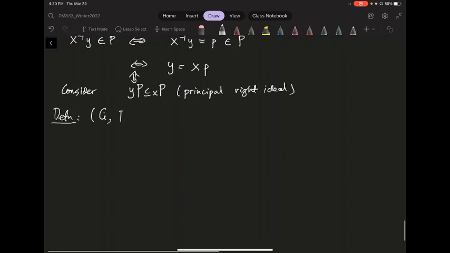Let's consider this pair, where G is the group in which your semigroup is embedded. It's called a quasi-lattice ordered group, let's call it QLO, if the following thing happens. If for every finite subset f inside G, because you have a partial order, you can talk about its upper bound.